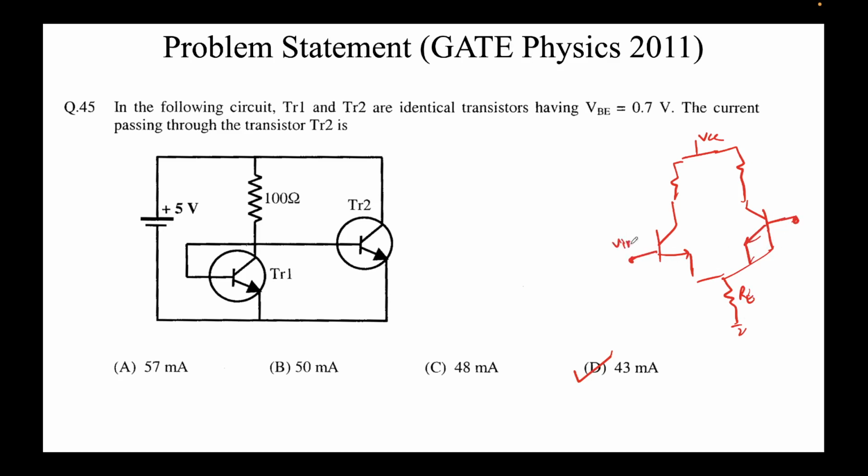This was what we called V in plus, and this is what we called V in minus. If you compare to this circuit, both the emitters were shorted here also, just like this, but here the bases are at the same potential. You can see the base for this transistor and the base for this transistor are shorted. It's not the case there. There they are usually different, denoted by V in plus and V in minus.